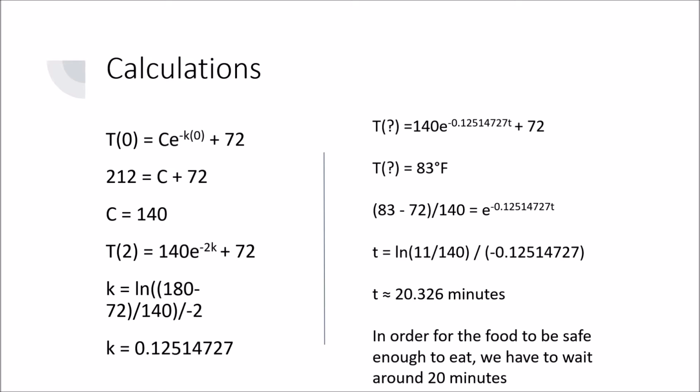So we know that the temperature has to be 83 degrees, and we also know k is 0.125 and c is 140. We plug it into the equation, and the time is equal to 20.326 minutes. So in order for the food to be safe enough to eat, we have to wait around 20 minutes.